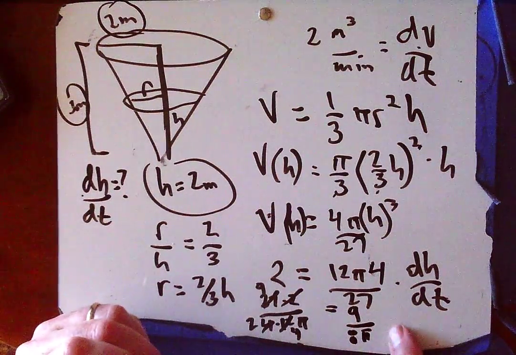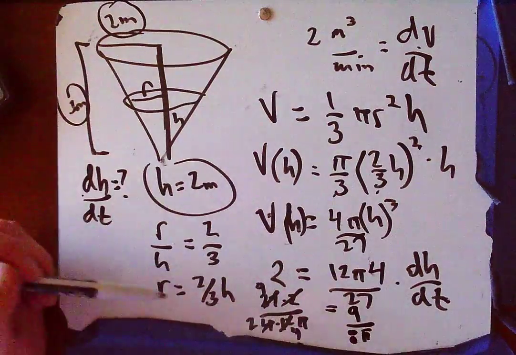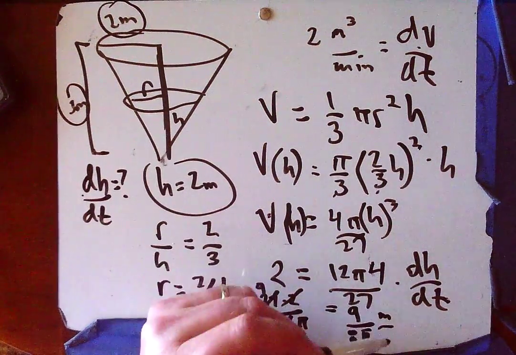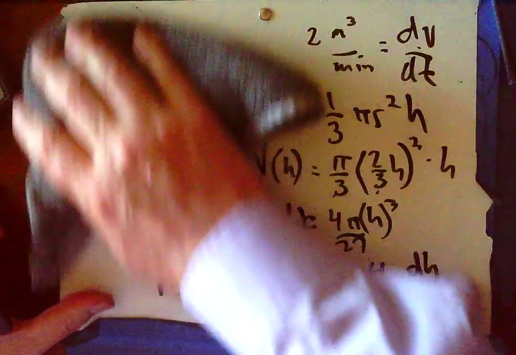That pi is not next to, but under the fraction. Please make sure you have that pi under the fraction. Hey, look, 9 divided by 8 pi is what it says on the answer sheet. But of course, this is a change in height, so let's not forget we're talking about meters per minute here. All right, that was problem number 3.